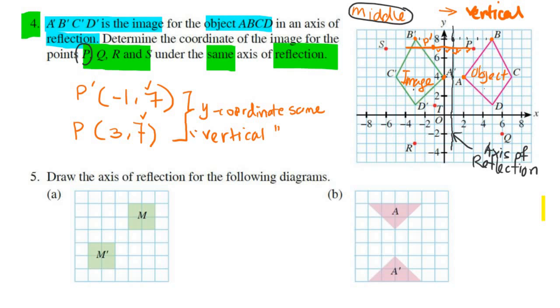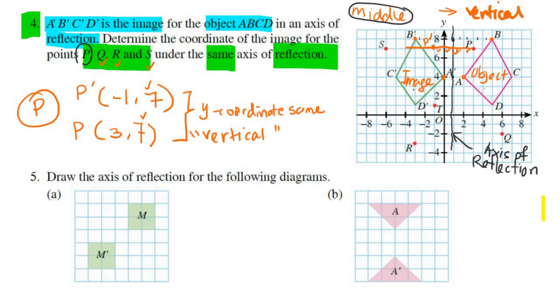For this question, you need to find the image for Q, R, and S. I think you are able to find them by yourself. This is the answer for question number 4. I just show you 1 point, that is point P, and the others you go find by yourself.